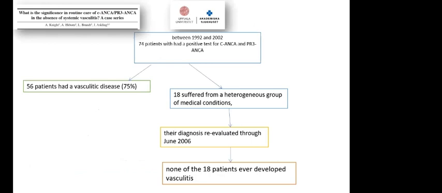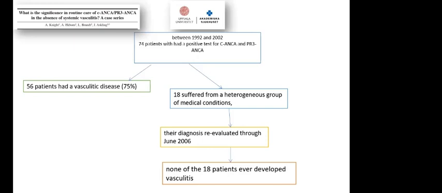I want to go over two interesting studies that highlight the significance of ANCA testing. One study was done at Uppsala University Hospital in Sweden. It was a retrospective study of the medical records of all patients with a positive ANCA test between the years 1992 and 2002.